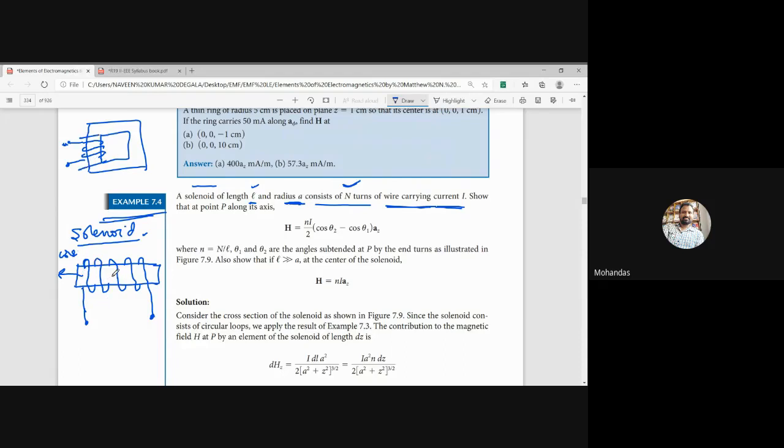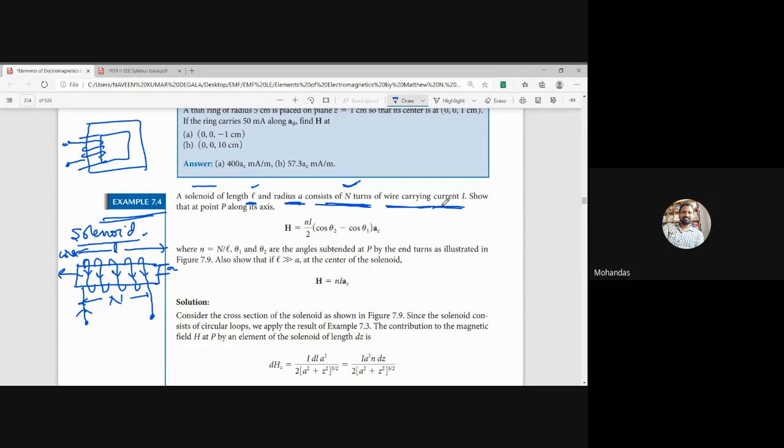The length of the solenoid is L, and the radius, from the center to this edge, is A. The number of turns is N, on this core, and it is carrying a current I in this direction. The current is flowing in this fashion.